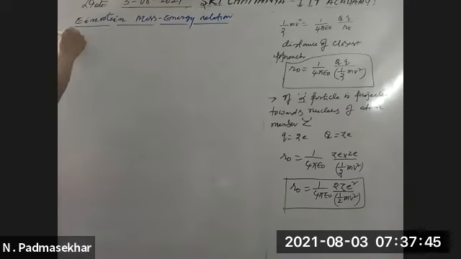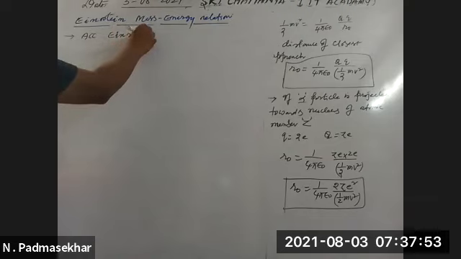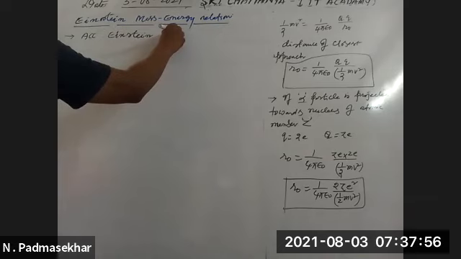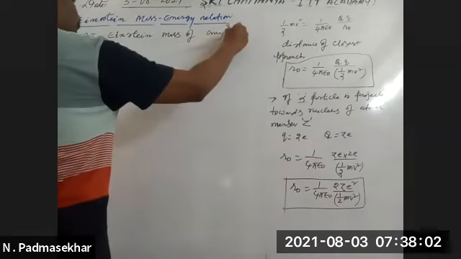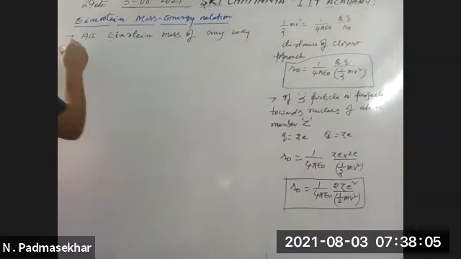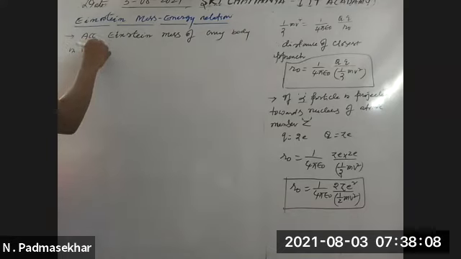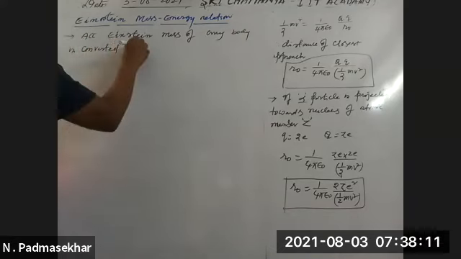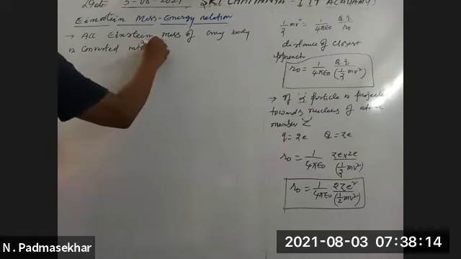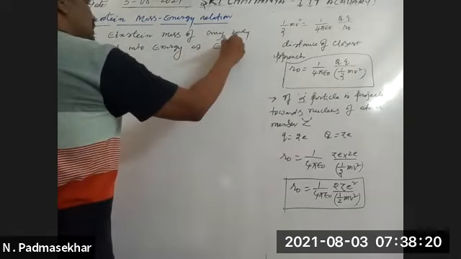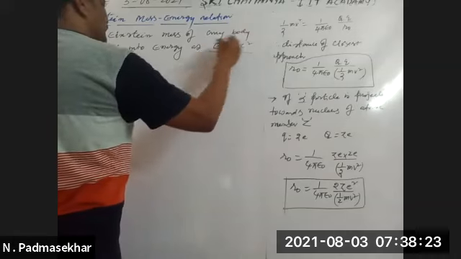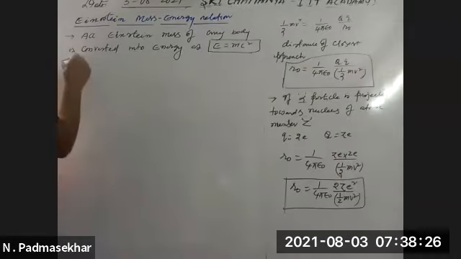According to Einstein, the mass of any body is converted into energy as E is equal to m c square, where c is the velocity of light.